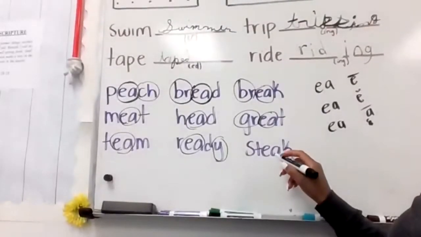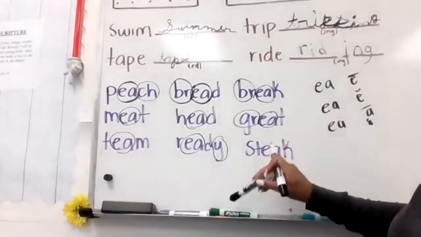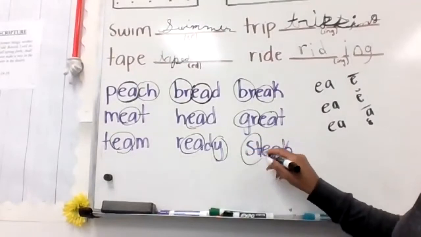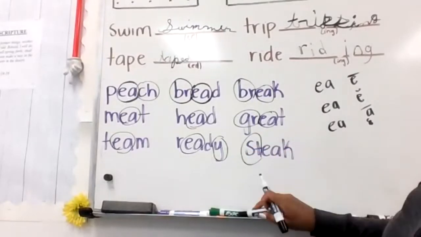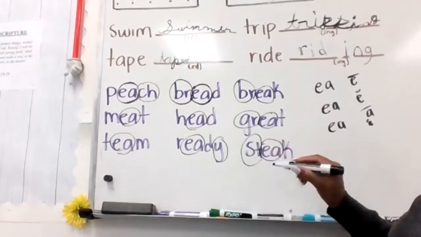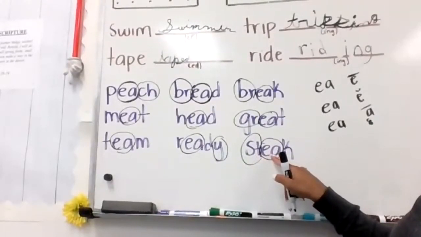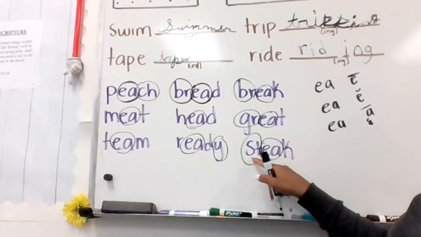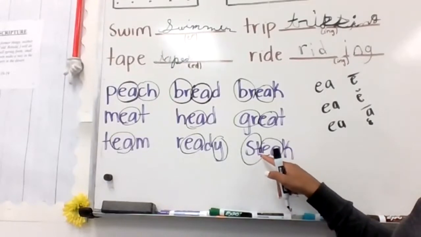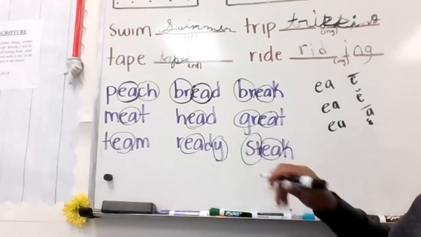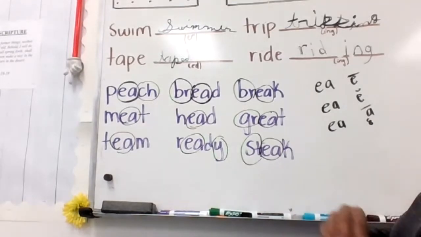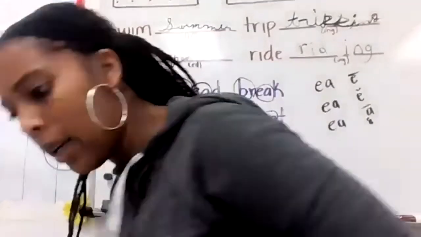Circle ST and EA. A. What's the word? Steak. Good.